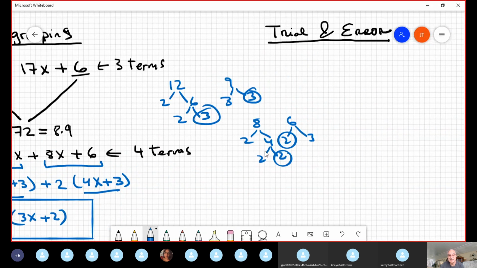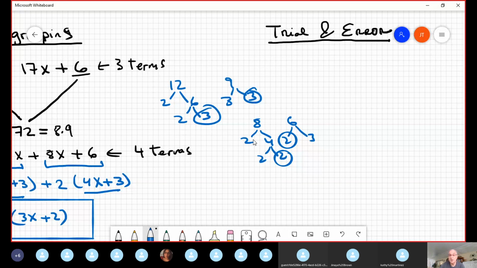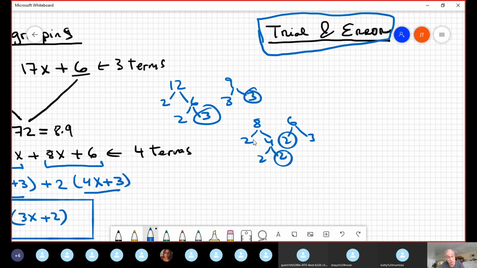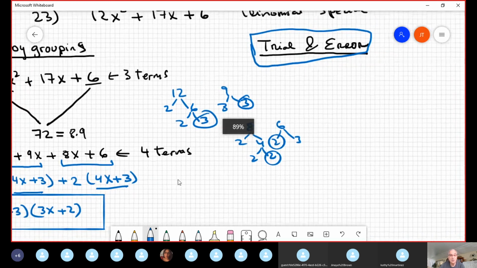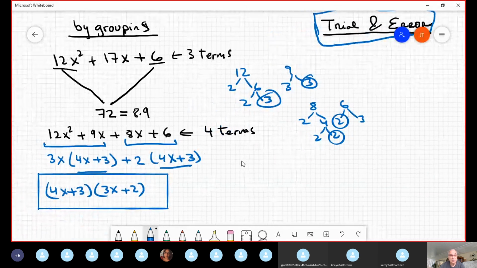And lastly, I want to explain try and error. Okay, try and error, maybe you like it. Personally, I don't, but for some problems I consider it good to do by try and error. But grouping is fantastic. I like grouping so much. But what is the disadvantage of grouping?